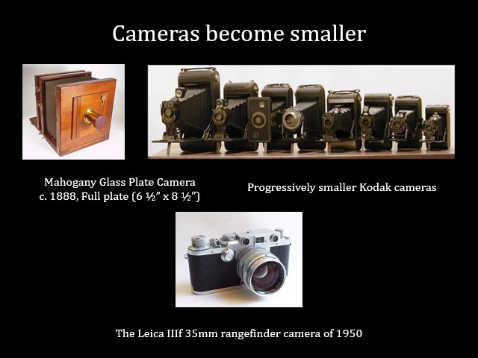With the film cameras with a roll, you're able to take multiple pictures before you run out of film. And then the Leica down there at the bottom becomes quite popular just because of the optics. It's kind of simple to use.